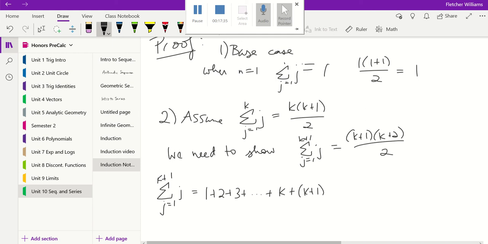And if you look, you can see that the first k terms are that sum, the sum from j equals 1 to k of j.